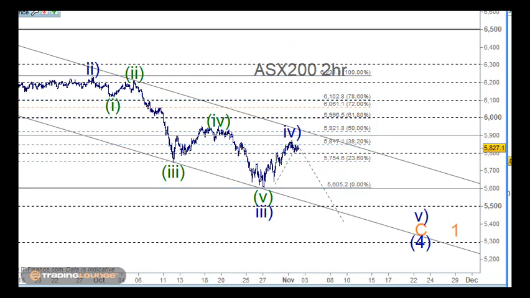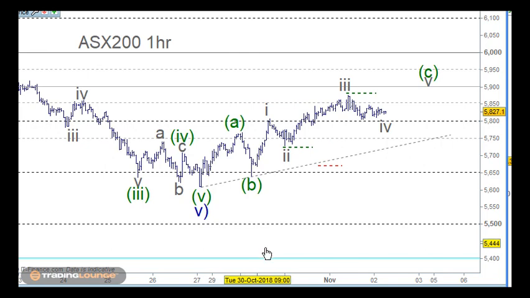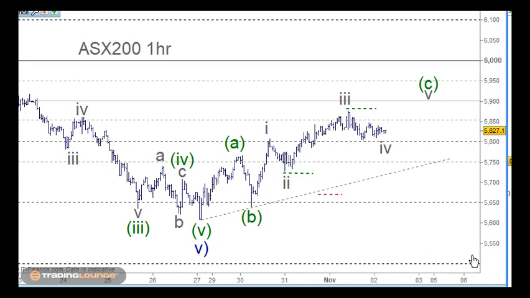The interesting thing here, if I go to the hourly chart, from the low here, if it was going to be a wave 4 up here, I've got it labeled an A and a B and a C wave here with 5 waves of 1 and 2 and 3 and 4 and 5 here. So it still needs to see one more move up into the 5.9 area here.